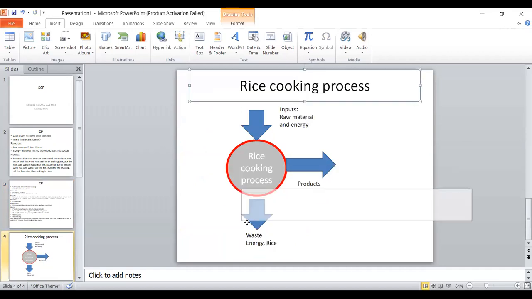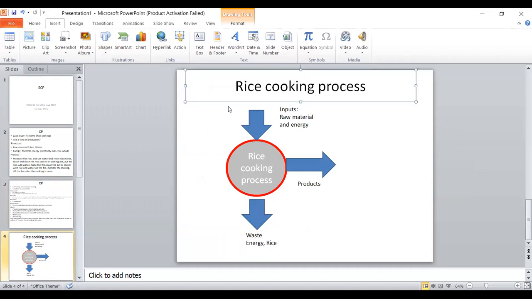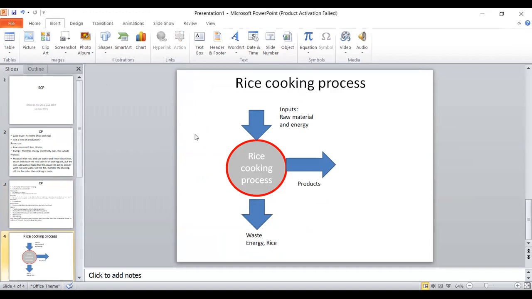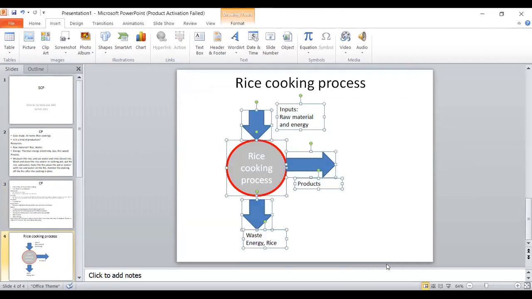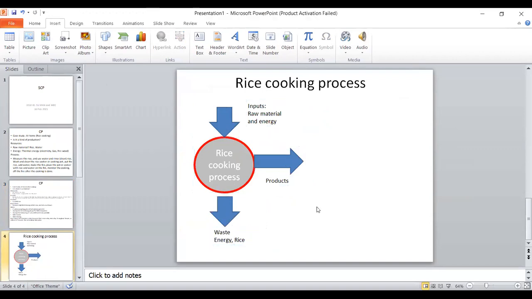So in industries, this product, of course, goes for consumption.